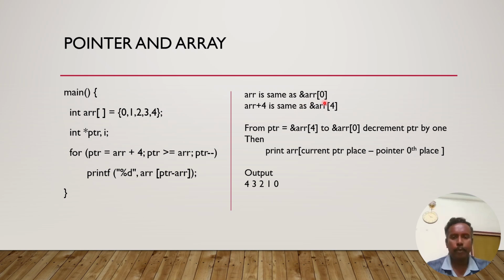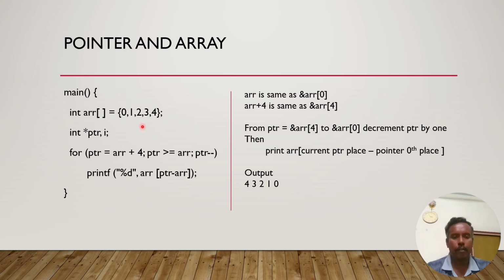You simply put an array as ARR, it is the same as address of ARR of 0. If you put ARR plus 4, it is the same as ampersand of ARR of 4. This is what we are trying to explain here. If you understand this concept, we can explain it.